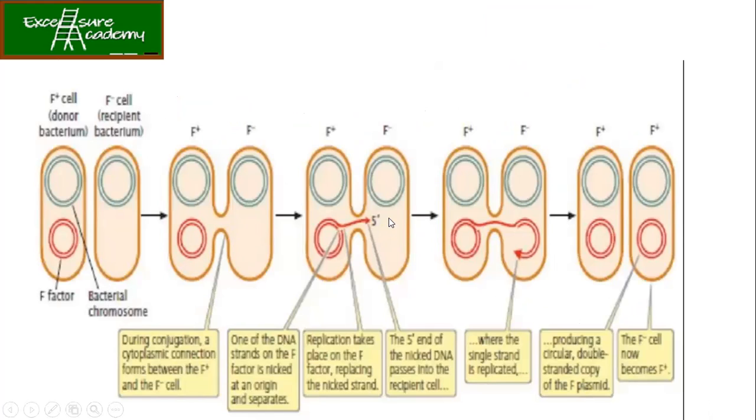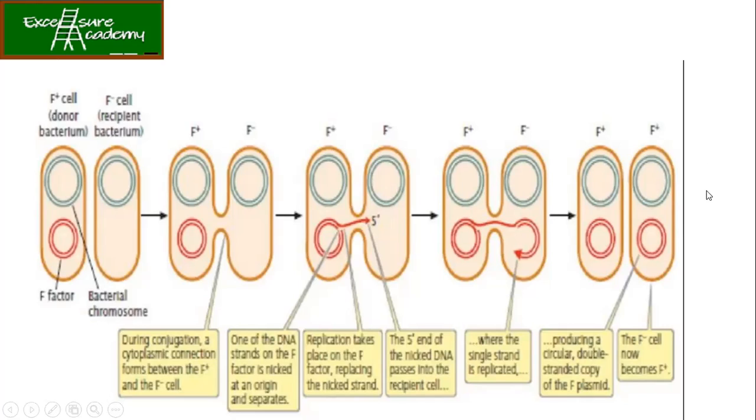That is your 5' जो हमारा जो linear DNA जो बन जा रहा है, ठीक है, upper outer strand. So this will complete its replication over there. This will go to the second one, F minus में जाएगा. वहां पे this linear DNA, the single stranded linear DNA is getting circularized and it will start the second round of replication. So at the end, what is happening? The recipient bacterium is also becoming a F plus.